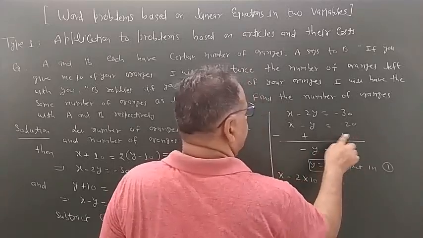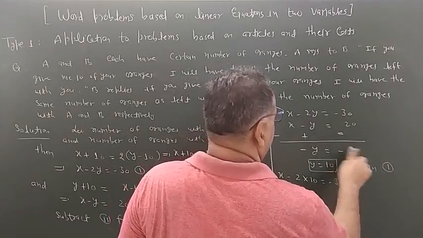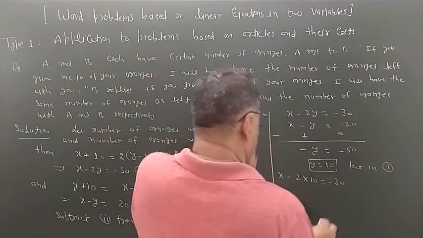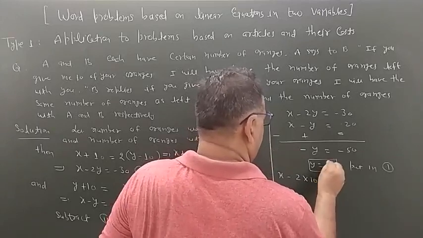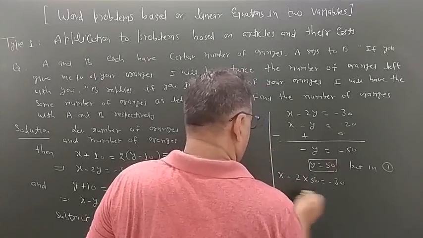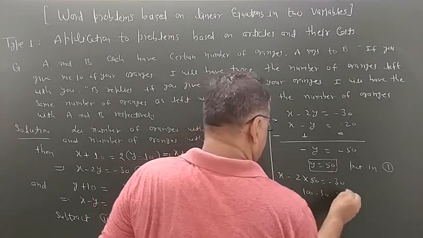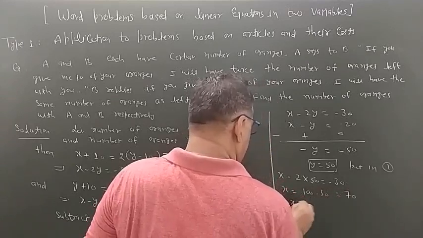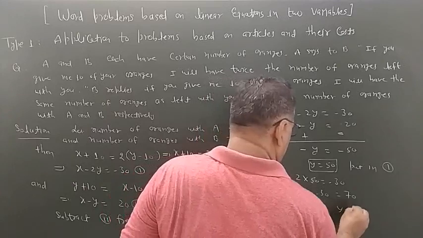So minus Y equal to minus 50. So Y equal to 50. So X equal to 100 minus 30, that means 70. So X equal to 70, Y equal to 50.